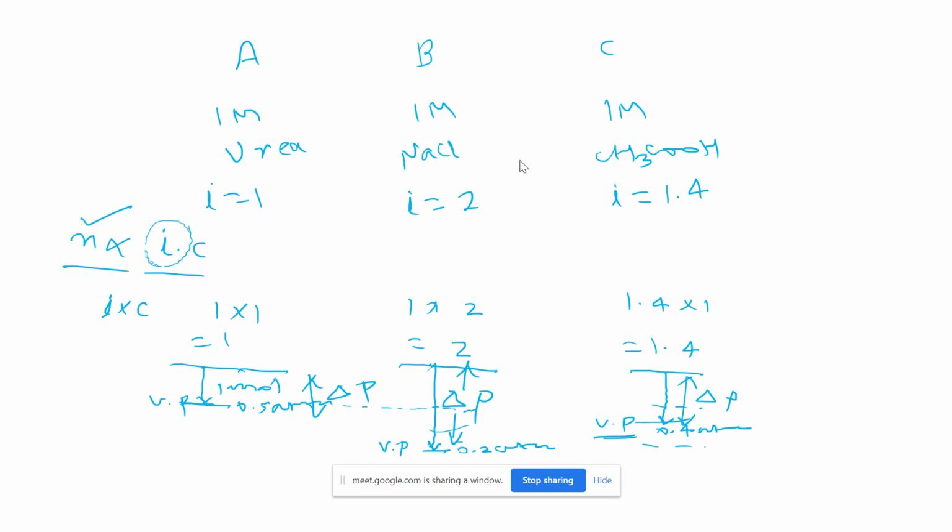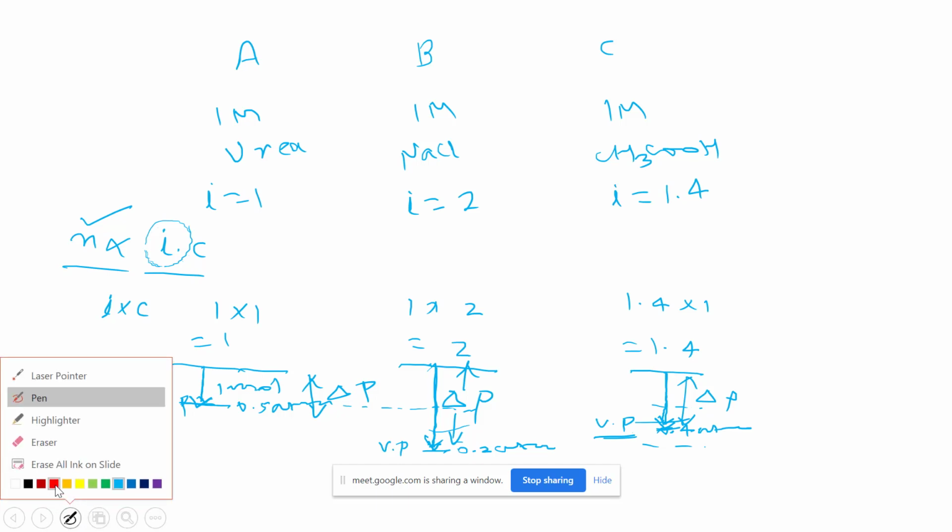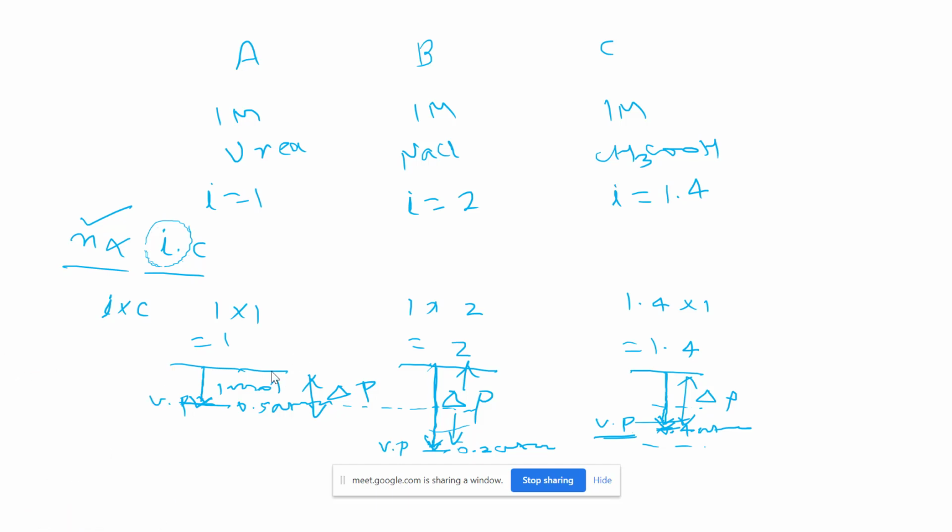Similarly you can take it for freezing point also. Freezing point is also decreased. For 1 mole of solute, freezing point is decreased to this amount. For 2 mole it is decreased to this amount, and for 1.4 mole it is decreased more than 1 mole but less than 2 mole. But in case of boiling point, that is an increase. Suppose due to 1 mole the boiling point is increased to this level.